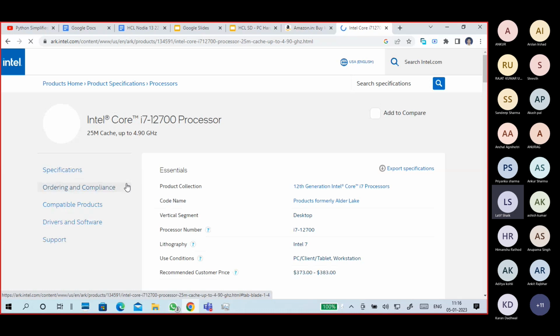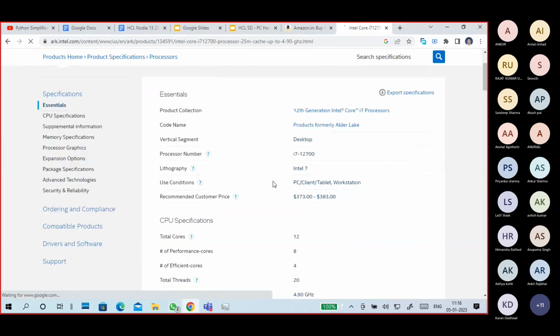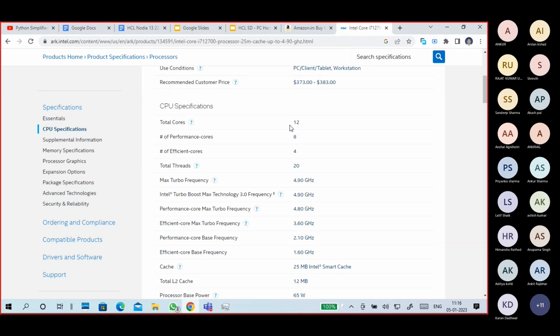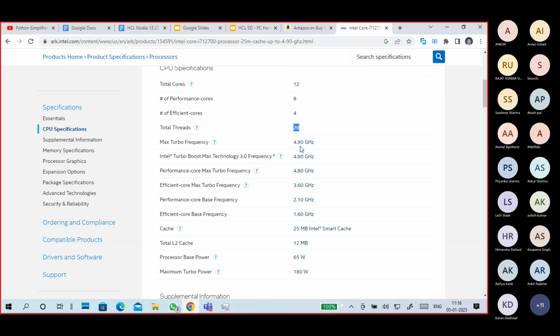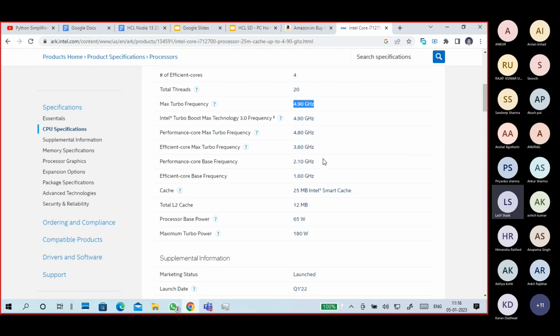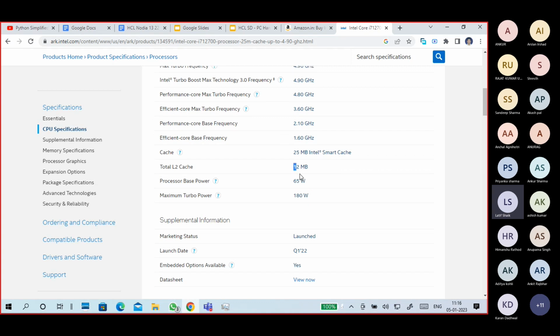So first of all, can you see like this? This is the model, 12 cores, 20 threads. Okay, the base clock speed you can also get. L2 cache is itself 12 MB and L3 cache is 25 MB.